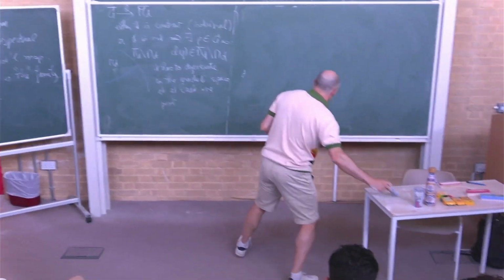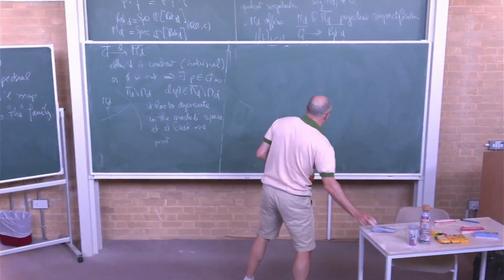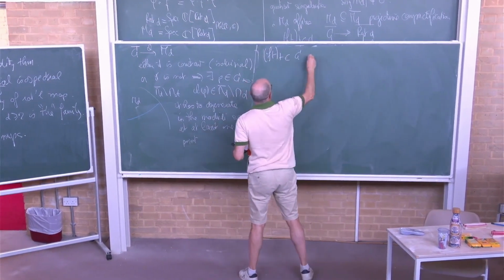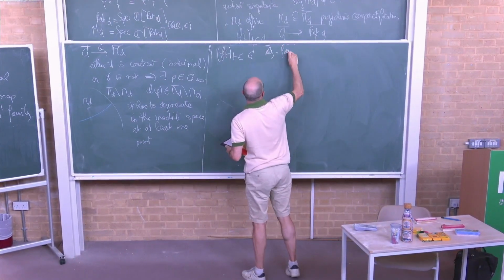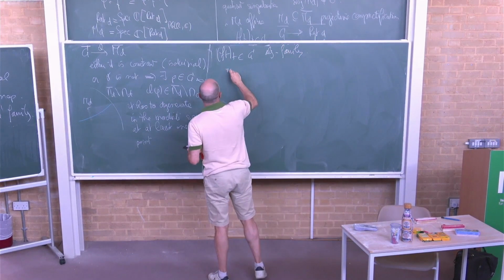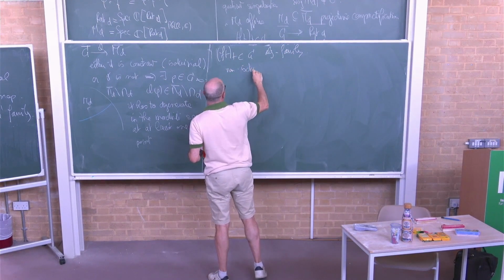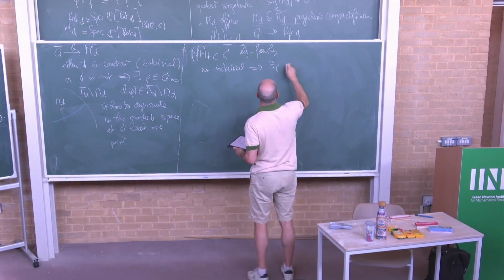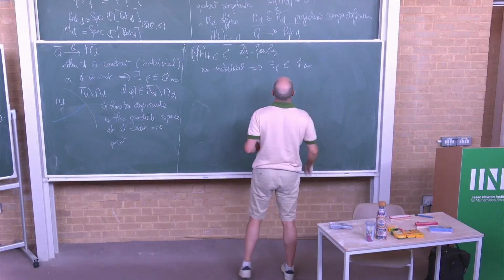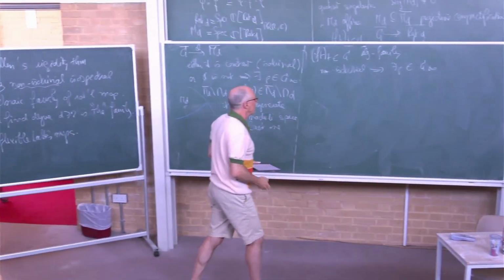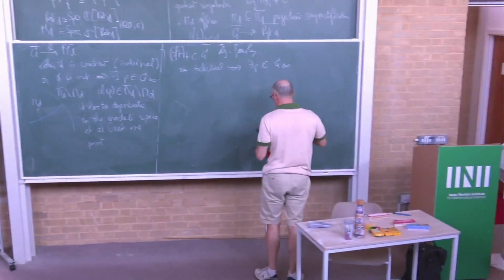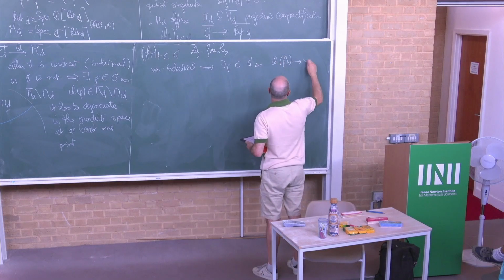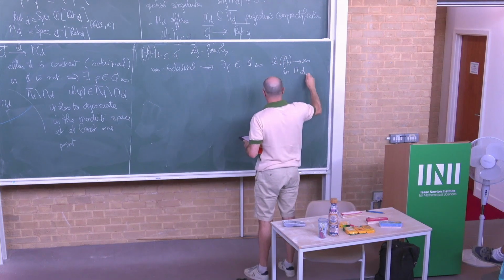So, let's start the proof. I already started the proof somehow. So F_t is an algebraic family, and I'm saying this is non-isotrivial. So there exists exactly what I said here: there is some P in the completion of C such that the class of F_t tends to infinity in MD.